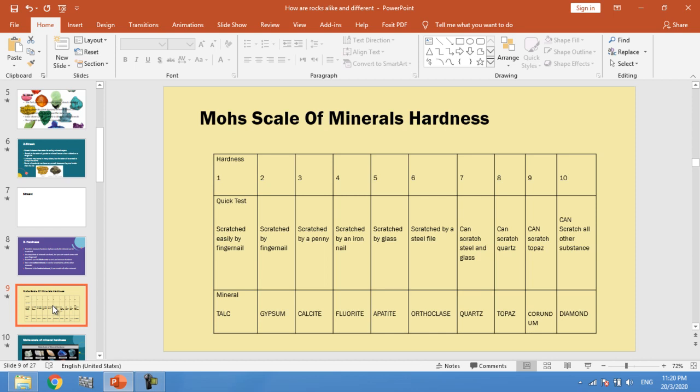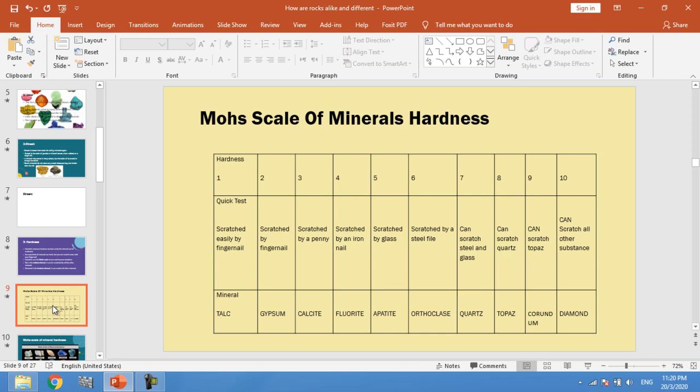Number 8, topaz. Topaz can scratch quartz and is harder than it. Number 9, corundum. Corundum can scratch topaz and is also harder than it. Number 10 is the hardest one we have. It is diamond.